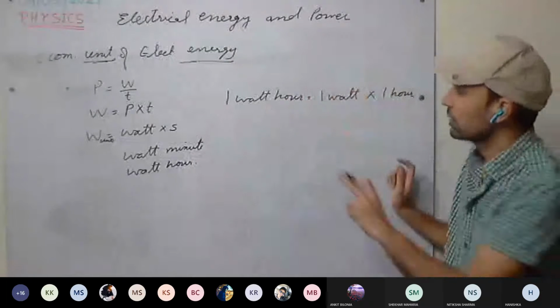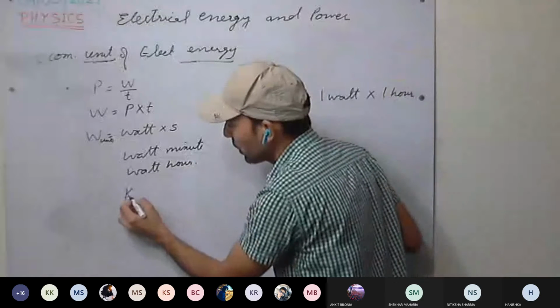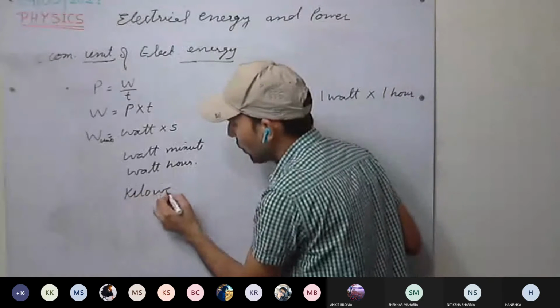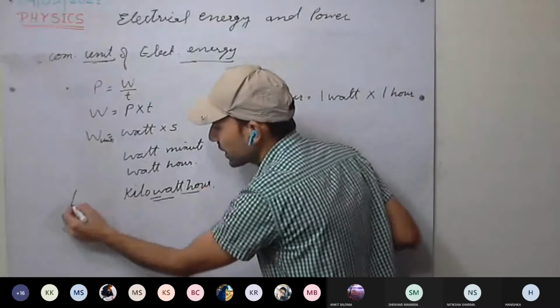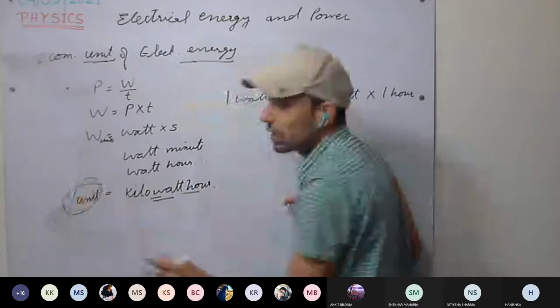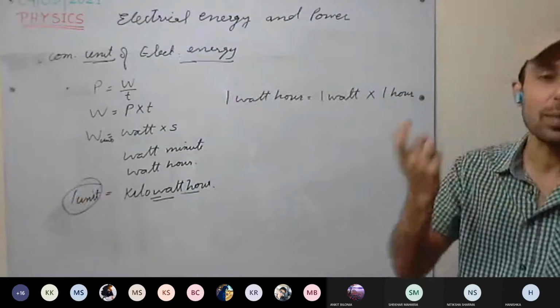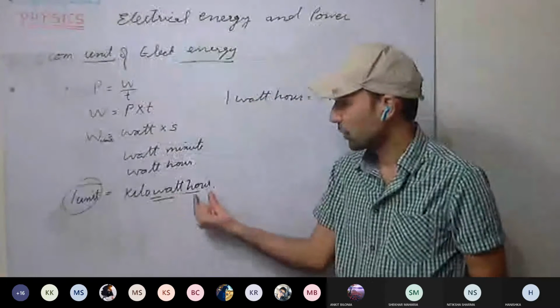Okay. So now see here, even this is smaller. So we went for kilowatt hour. This is our 1 unit, which we usually call in homes. That is how many kilowatts have been used for hours.